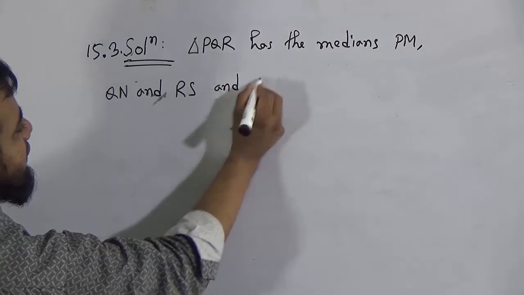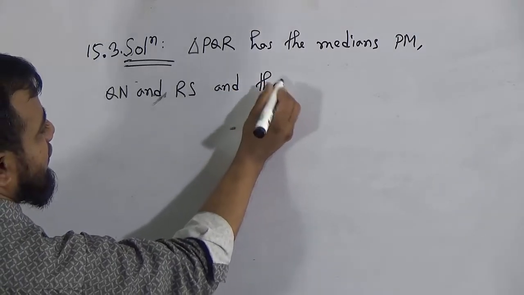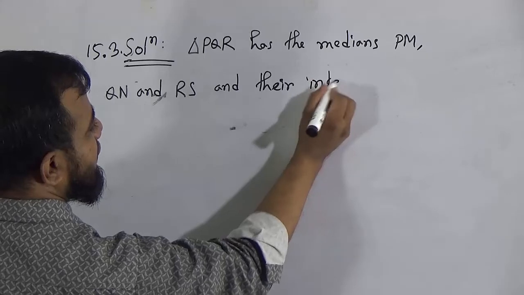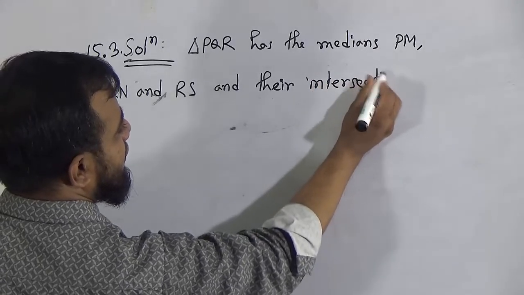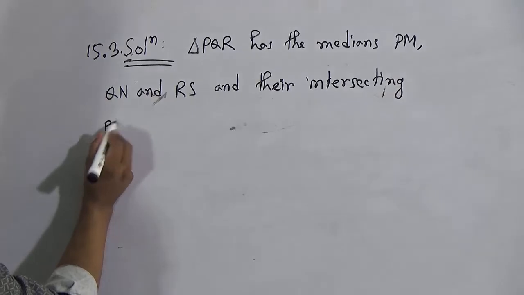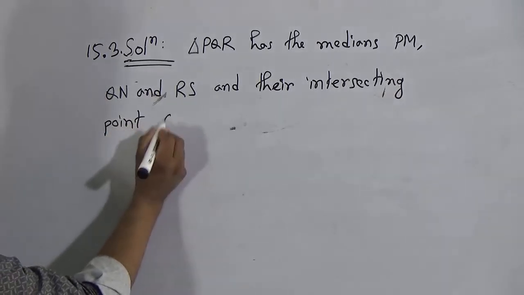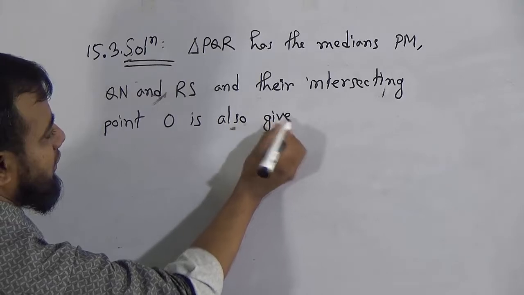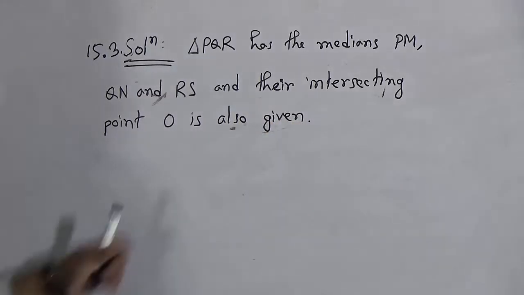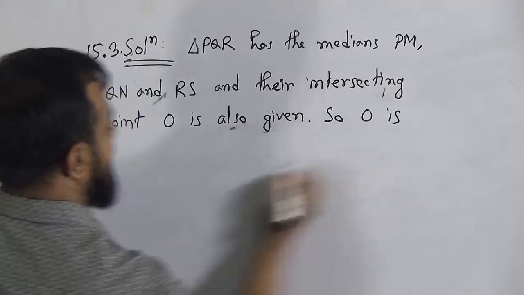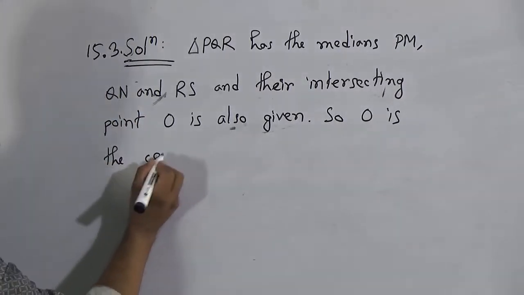And their intersecting point O is also given. That means O is the centroid.